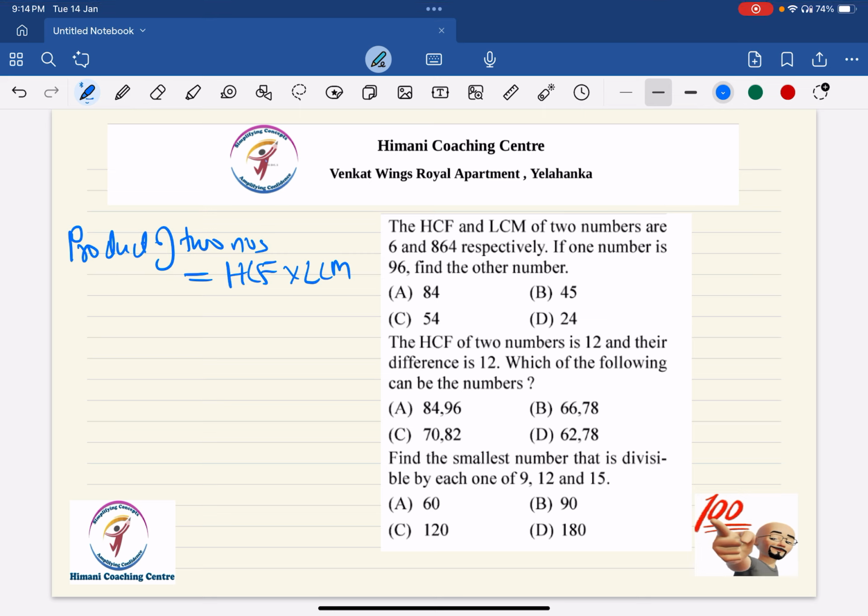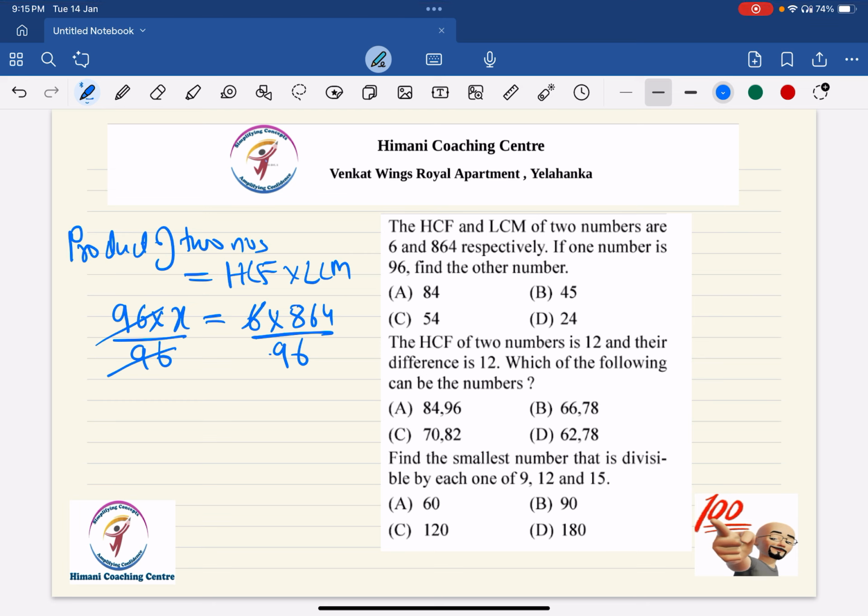We have learned that formula. So one number is 96, other number we want to find, let it be X. Now write their HCF and LCM, so 6 into 864. In order to find X, let us divide both sides by 96. So this will just become X, which we want to find.